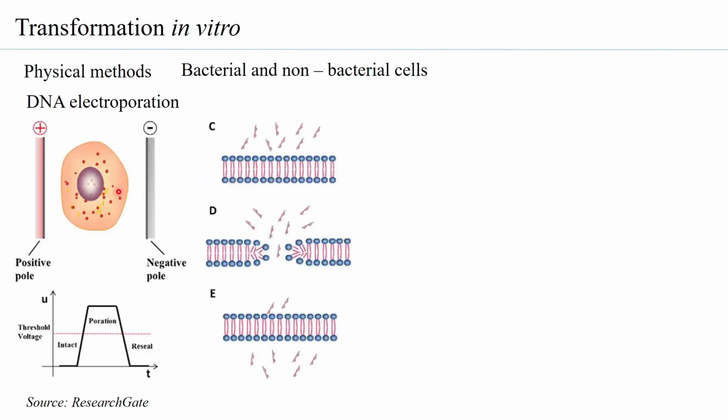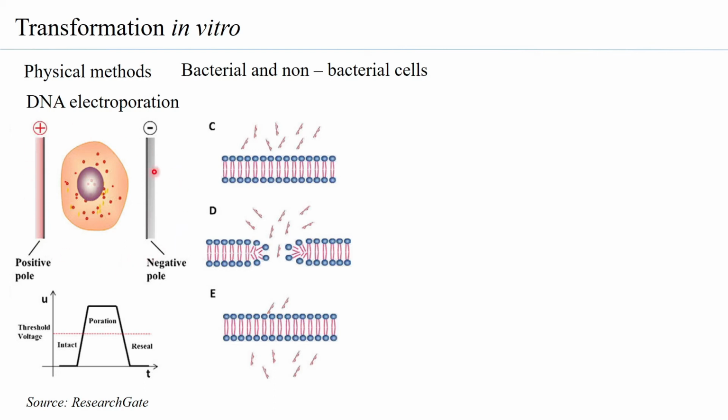So suppose you have a cell surrounded by exogenous DNA in a solution, and what is introduced is a set of electrodes, positive and negative, and an electric current is passed. So therefore what is generated in the solution is an electric field.